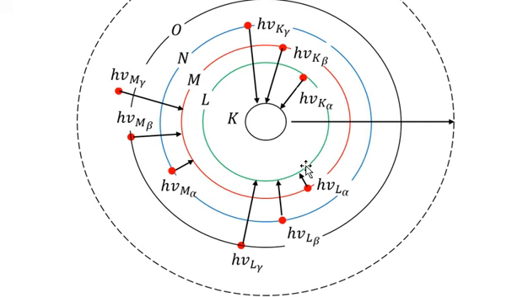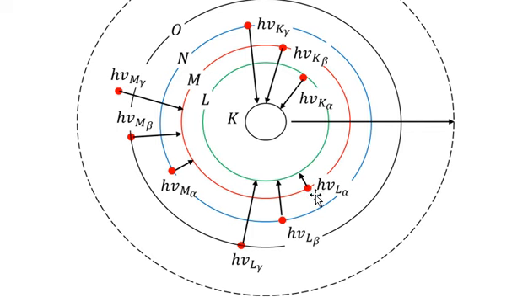Now I am coming to the series which is the L series. The L series is only generated or formed when an electron from the L shell is removed. The L shell is shown in green, and the other electrons from the surrounding shells will make the jumps to the L shell to fill the vacancy.